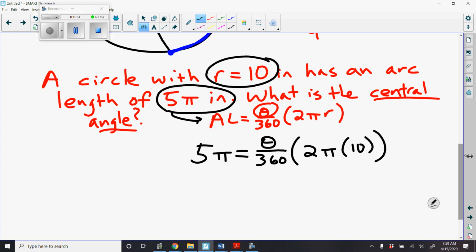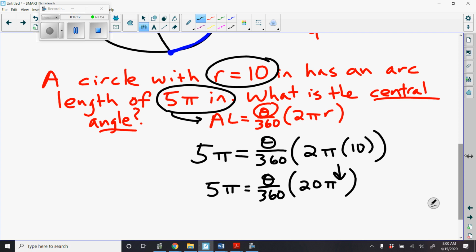Simplifying this, I get 5 pi equals theta over 360 times 2 times 10, which is 20. Now I just have to solve for theta.